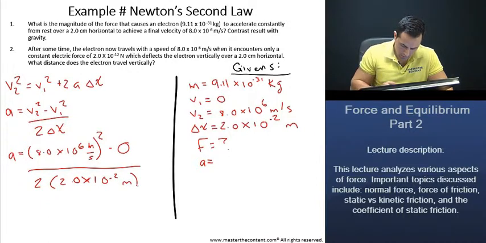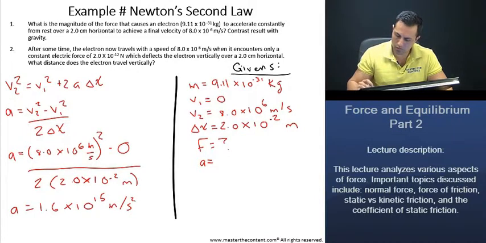Wonderful. And now once you go ahead and equate this, we're going to find that our acceleration is 1.6 times 10 to the power of 15 meters per second squared. So now we also have our acceleration.